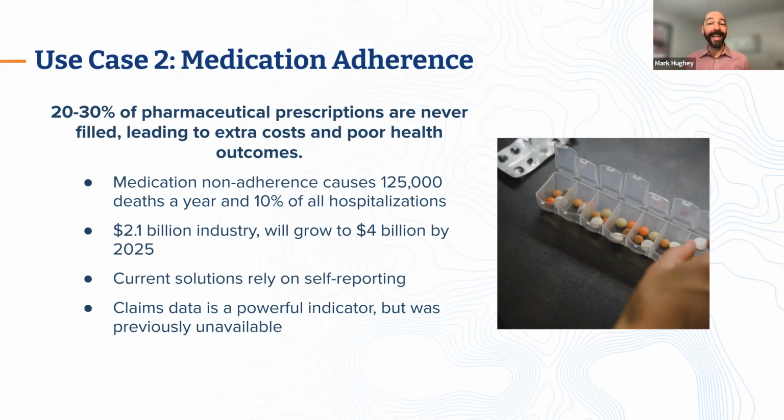So that data entry and all of that self-reporting that those types of apps rely on are rife with errors. There's a lot of error-prone user experience there. And those apps serve to create reactive solutions that often only cover a single medication.